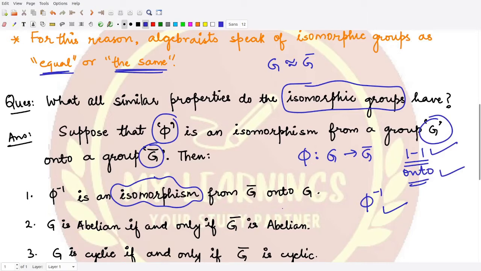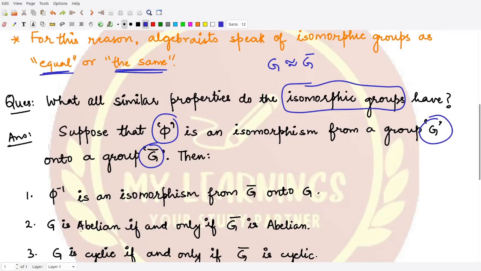The second property tells us that G is abelian if and only if G bar is also abelian. So by abelian, what do we mean? All the elements A and B in G commute with each other. This would be true for all A and B belonging to G, right? So therefore we would say G is abelian if and only if G bar is abelian.